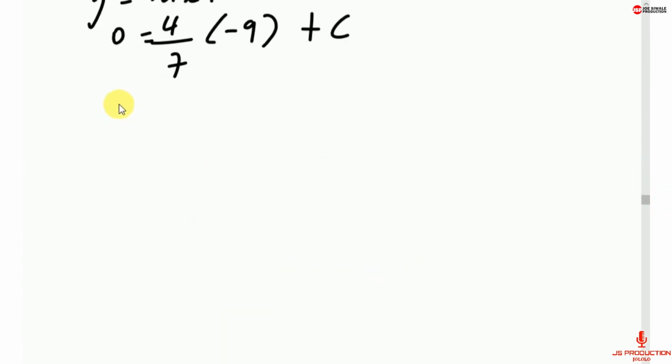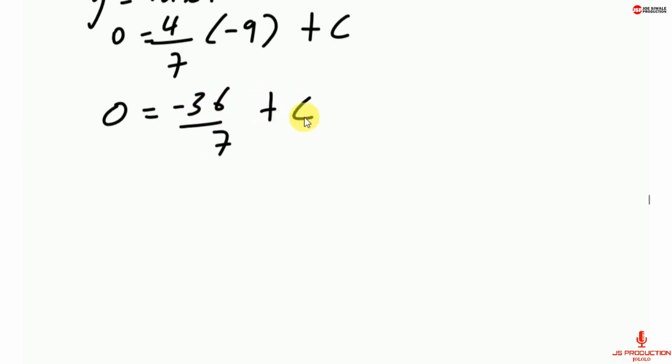So 0 is equal to 4 multiplied by negative 9, that's negative 36 divided by 7, then plus c. Our negative 36 over 7 is going to go to the other side of the equation, and we're going to have 36 divided by 7 is equal to c. So our y-intercept is 36 divided by 7.